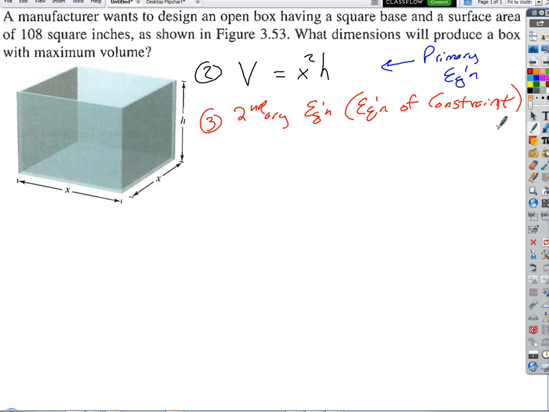Okay, so that's going to be the surface area equation, right? So surface area is equal to 108. Well, what is the surface area of this open box? 6xh. No. 5xh, because there's one face missing. No.